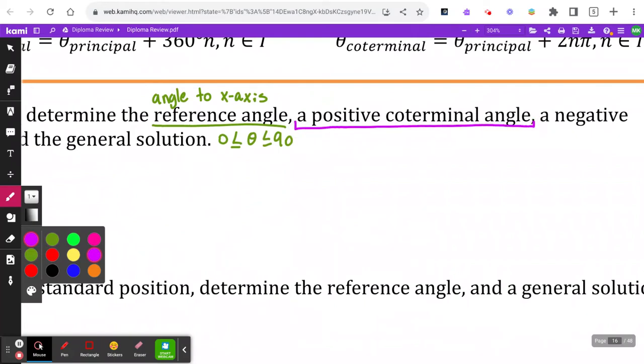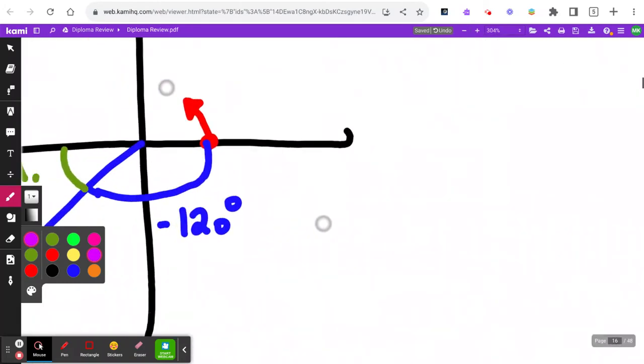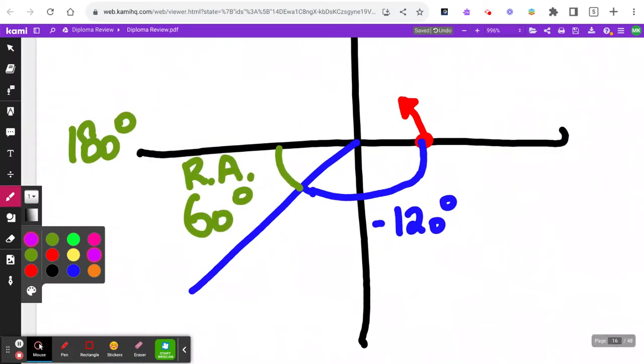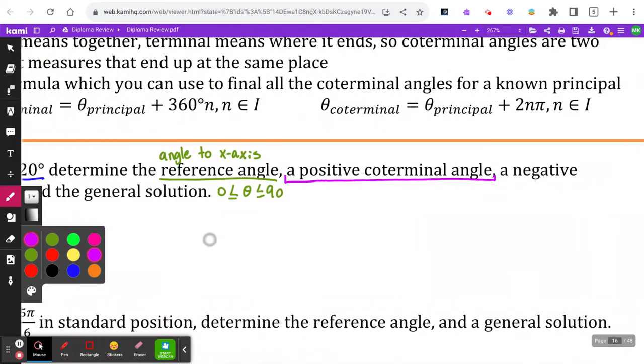Perfect. A positive coterminal angle. Coterminal means it gets you to the same terminal arm. And if you think about this line as an arm on a clock, it can just spin around, right? It can rotate. Coterminal angles are angles that would get you to that same spot. The way you get a coterminal angle, especially a positive coterminal angle, is you add 360 degrees.